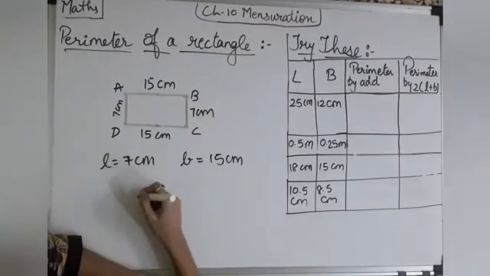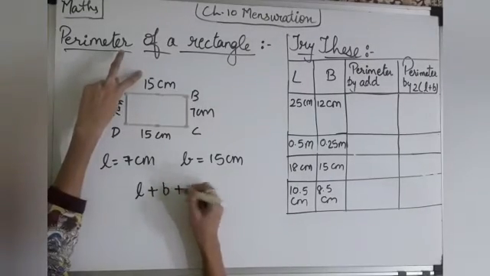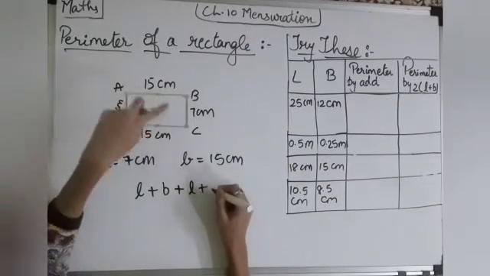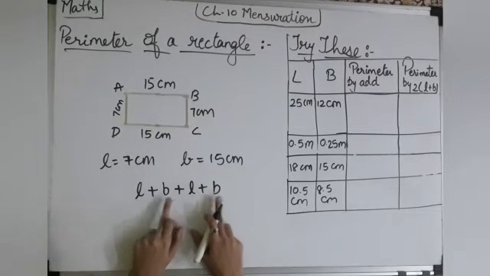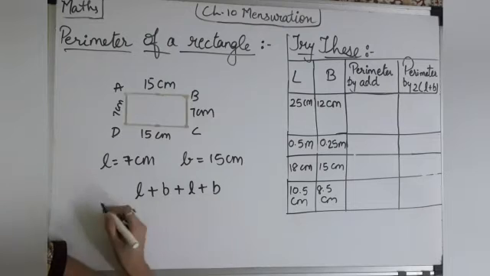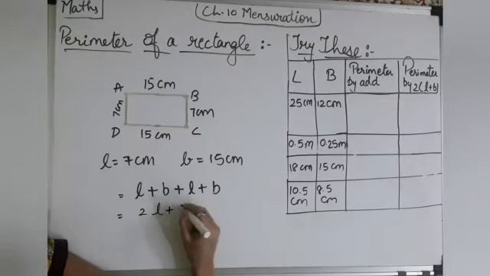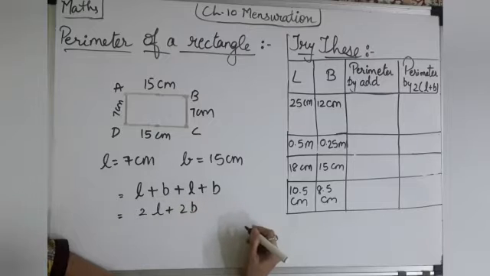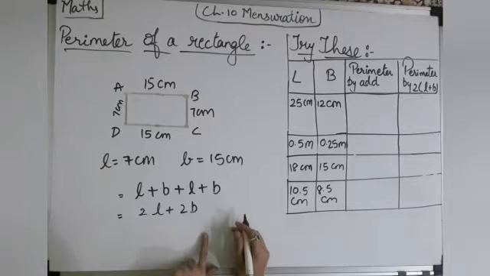Means if I write like that, we see L plus B plus L plus B. So here you can clearly see that we are having 2L and 2B. So how can we write this? We can write 2L plus 2B, right? Because we are having 2L and 2B.